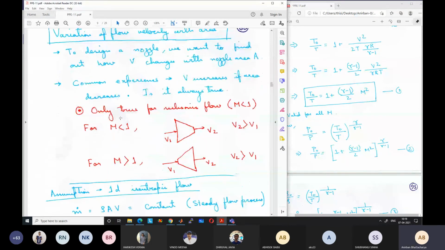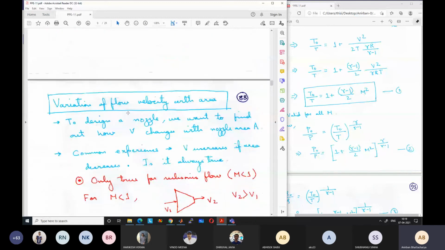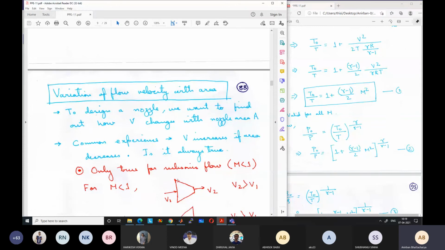At the inlet, the velocity is almost negligible and the pressure is 100 kilopascal. If the velocity is almost zero and static pressure is 100 kilopascal, what will be the stagnation pressure there?